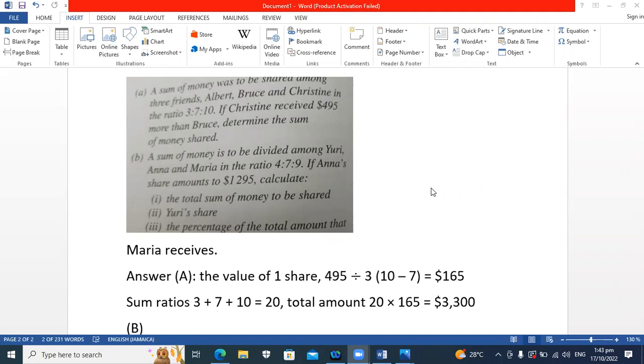You sound like you're not sure. Yes, sir, because your share is 4. You wouldn't use 7 or 9 because 7 is from Anna and 9 is from Maria. Okay, you're correct, man.